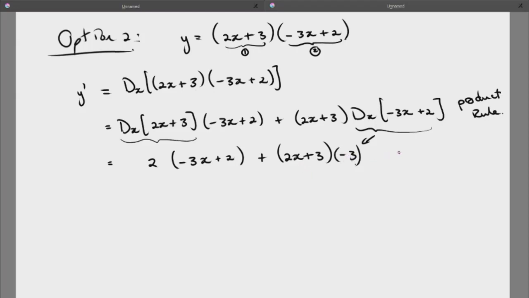Which properties have I used for these derivatives? I've used many. Name one. I've used the power rule, absolutely. I've used the constant times the function. I've used the sum property.